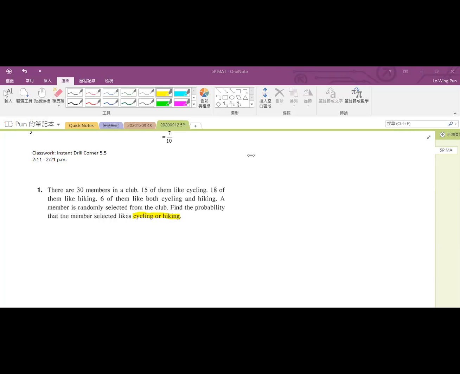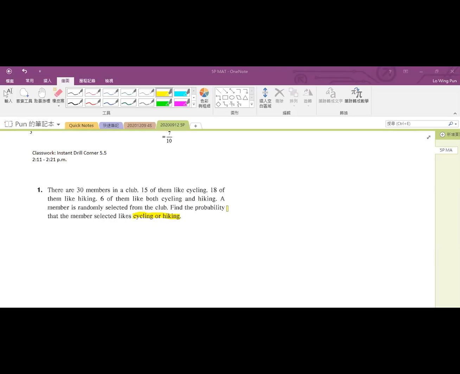It is given that 15 of them like cycling, right? And how many of them like hiking? It will be 18 of them. And how many of them at the same time like cycling and hiking? Can you see that 6 of them like both cycling and hiking?